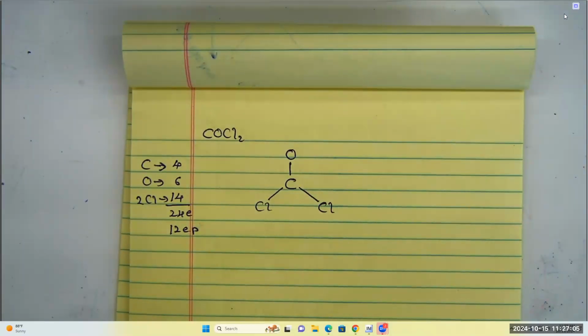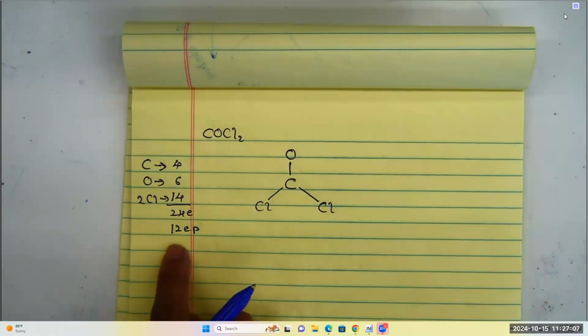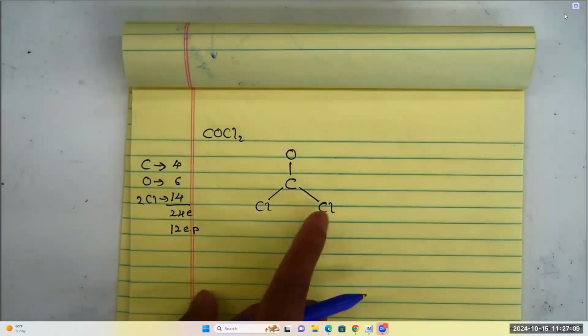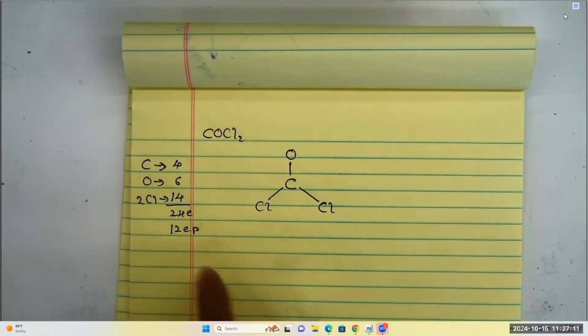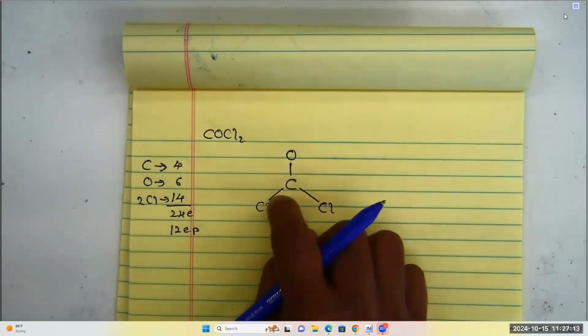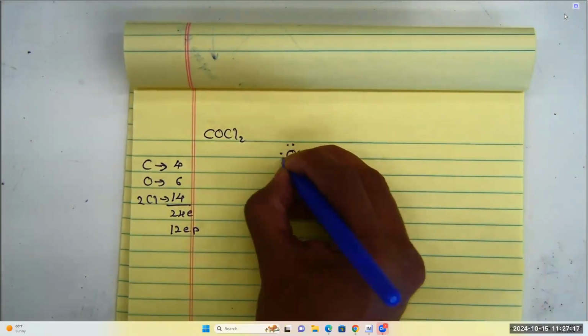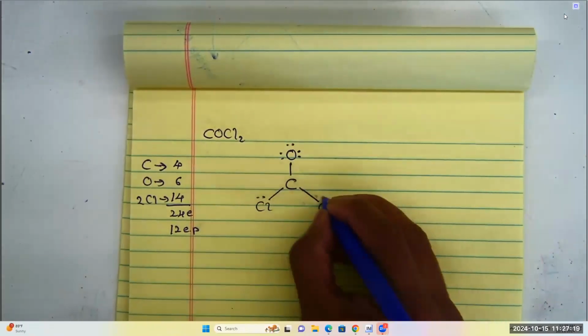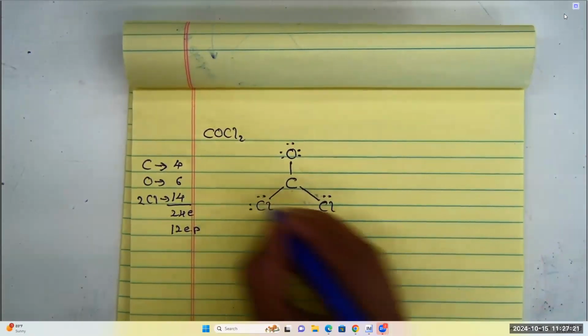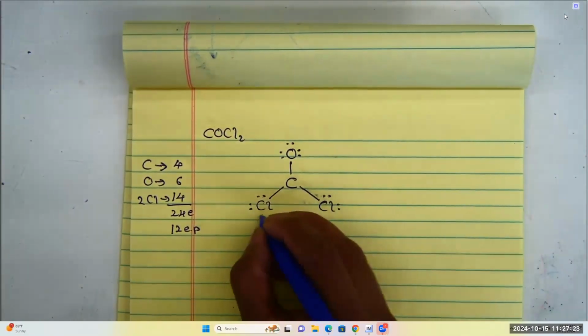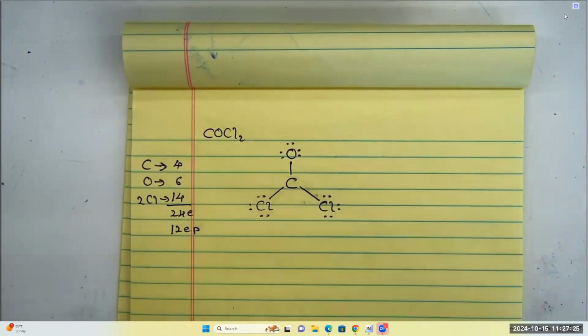And then I'm going to start distributing my electrons, starting with the outer atoms. I have 12 electron pairs. I have used 1, 2, 3 here, 4, 5, 6, 7, 8, 9, 10, 11, 12. Okay, I distributed my 12 electron pairs among the atoms now.